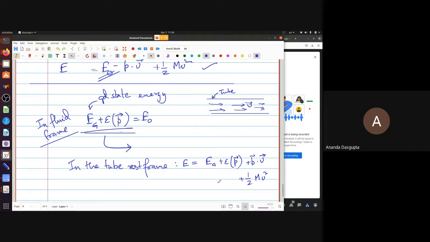Before the quasi-particle was excited, what was the energy? This is the energy of the fluid in the tube's rest frame. How much would the energy be? Only E ground, the ground state energy in the fluid's frame.